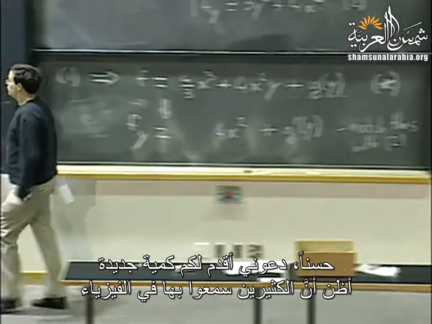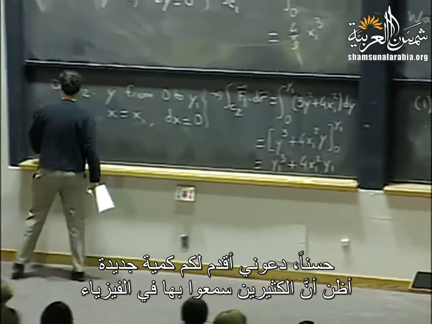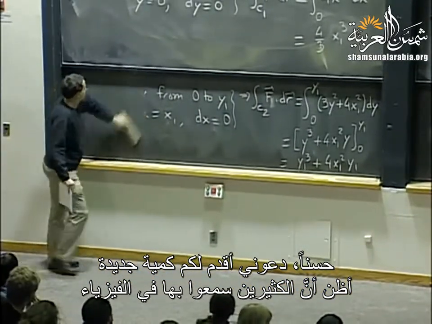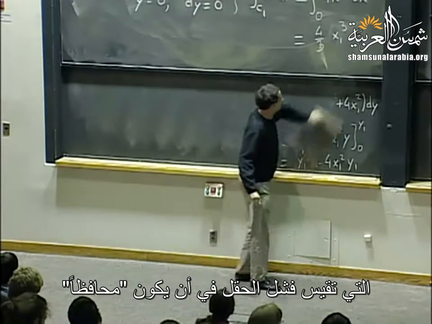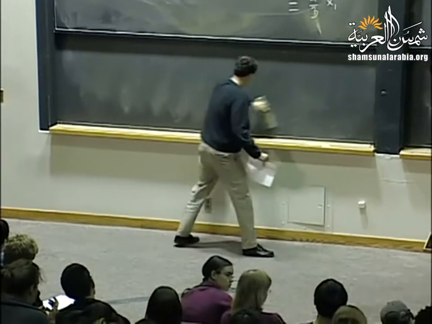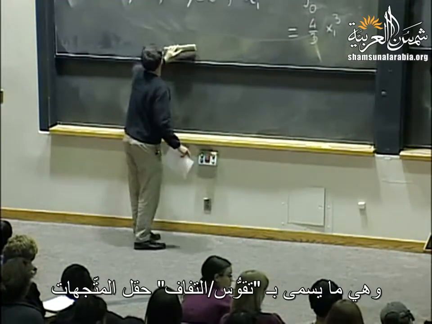So now let me introduce a quantity that probably a lot of you have heard about in physics that measures precisely failure to be conservative. That's called the curl of a vector field.